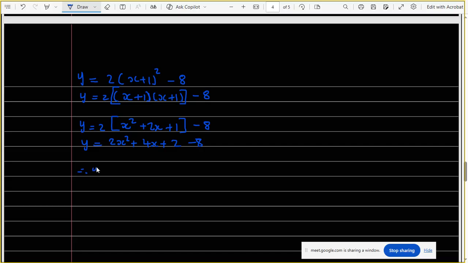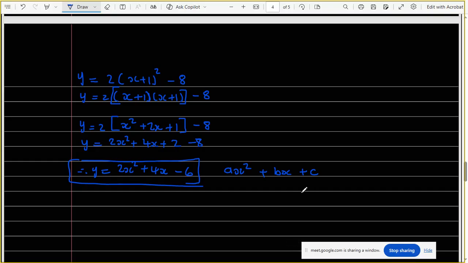The final answer is 2x squared plus 4x minus 6. This is standard form because it's in the form ax squared plus bx plus c. Do you get that part?